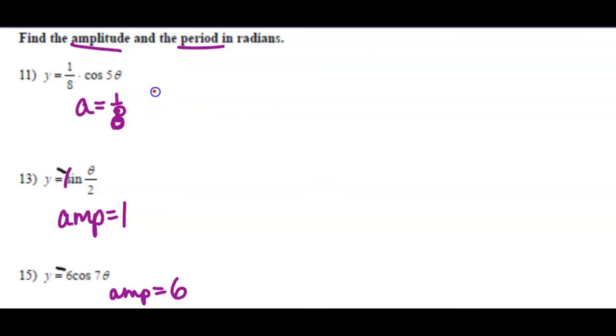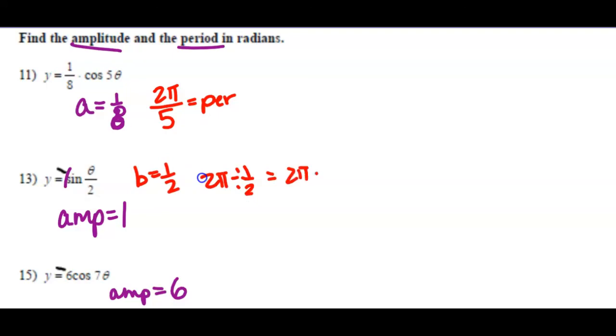The period is 2 pi over the B value of 5. So the period on this one, remember B here is 1/2, so 2 pi divided by 1/2 is really 2 pi times 2 over 1, so the period is 4 pi.